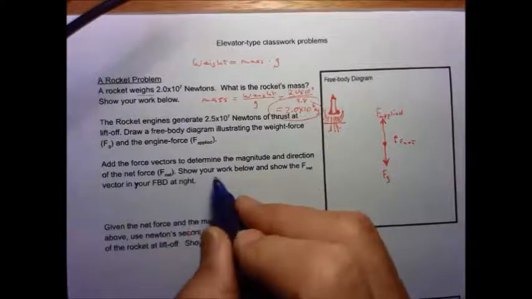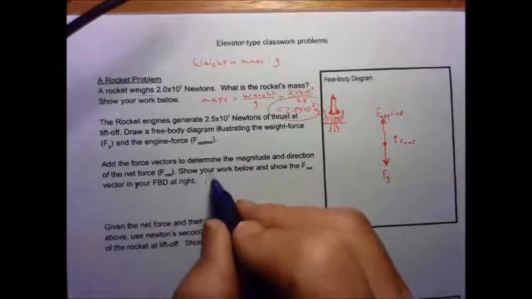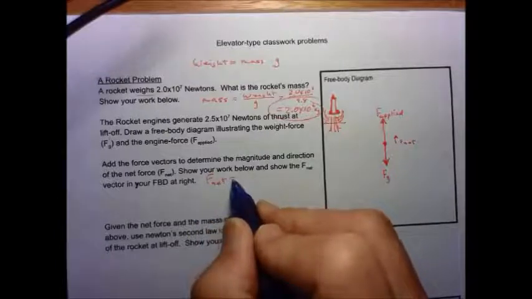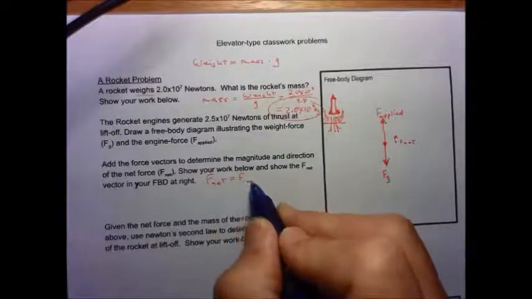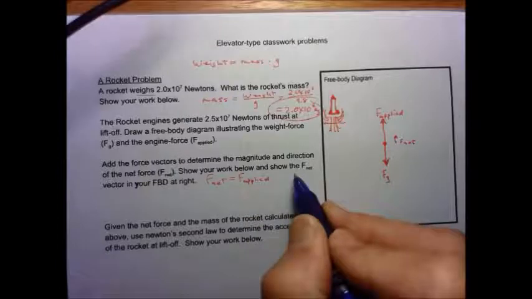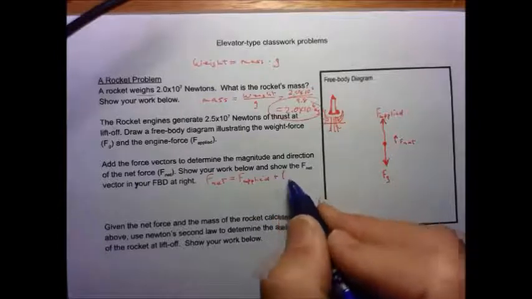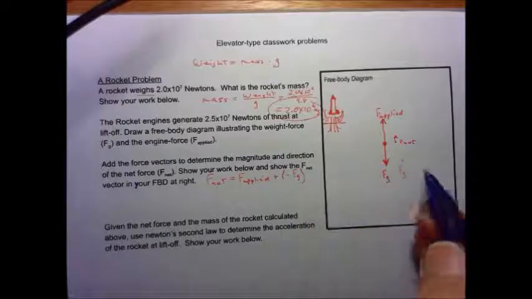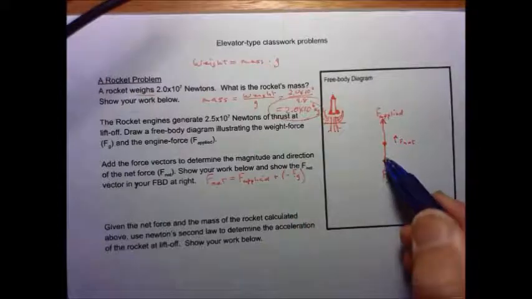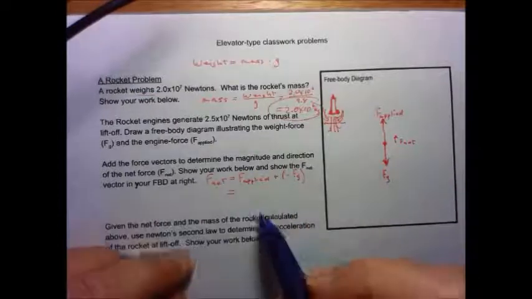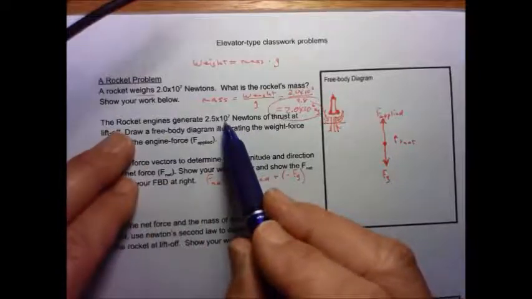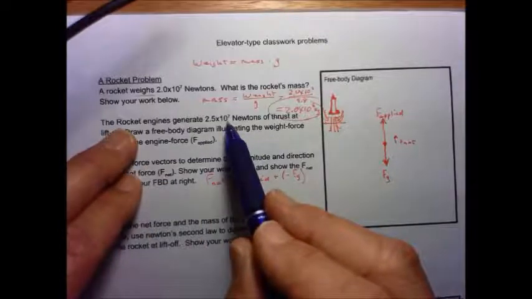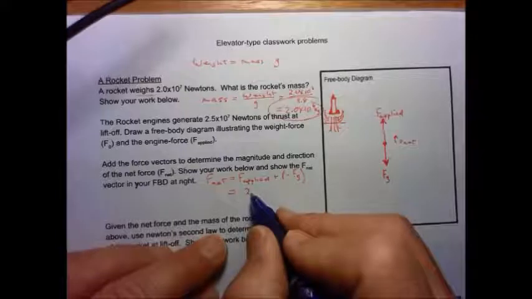Over here we need to show our work mathematically, so F net is equal to F applied plus a negative Fg. Negative Fg because this vector is pointing down. We are told what F applied is: 2.5 times 10 to the 7.